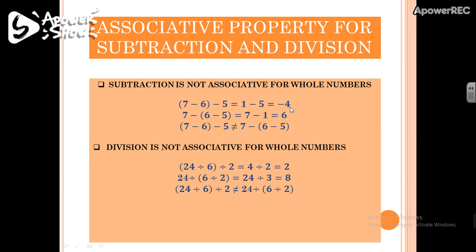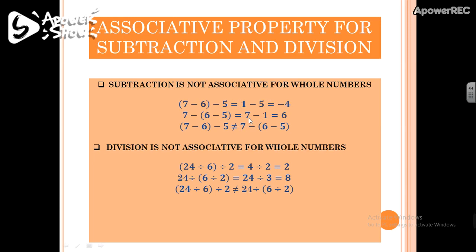In the first one we are getting minus 4, and in the second one we are getting 6. That means (7 minus 6) minus 5 is not equal to 7 minus (6 minus 5), which means we cannot associate whole numbers for subtraction, which implies that subtraction is not associative for whole numbers.